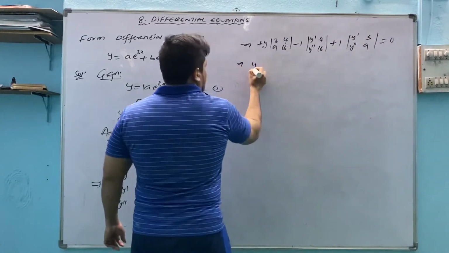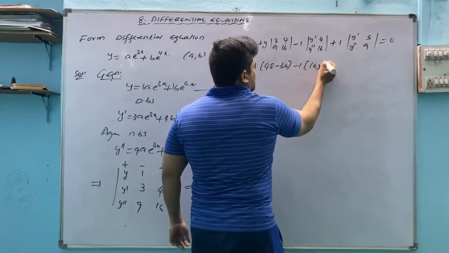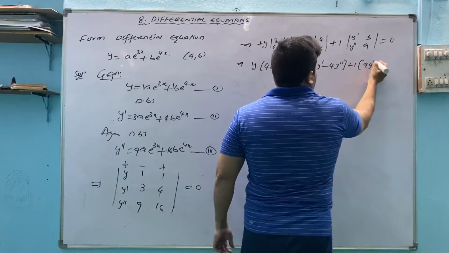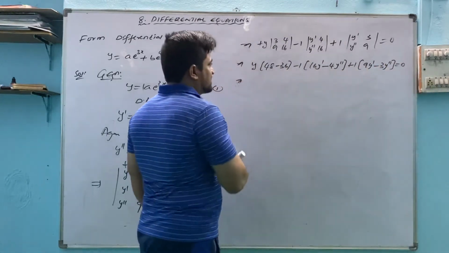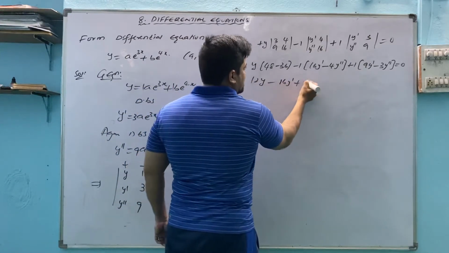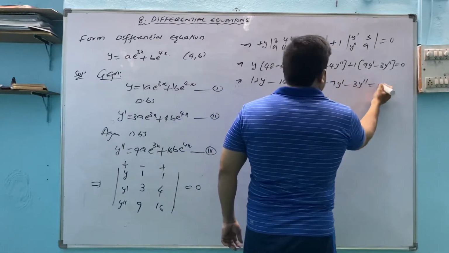Now y into AD minus BC, 48 minus 36. Minus 1 into 16 y dash minus 4 y double dash. Plus 1 into 9 y dash minus 3 y double dash equals 0. 48 minus 36 is 12 y. Minus 16 y dash plus 4 y double dash plus 9 y dash minus 3 y double dash equals 0.